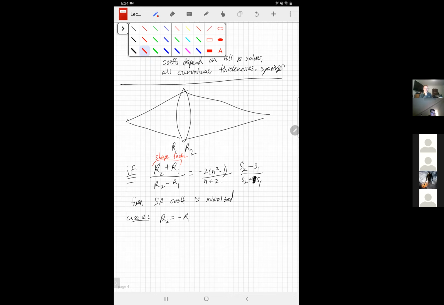And if R2 equals negative R1, then our lens is symmetric. The shape factor is sometimes called sigma. Sigma equals 0, then S2 minus S1 is 0.